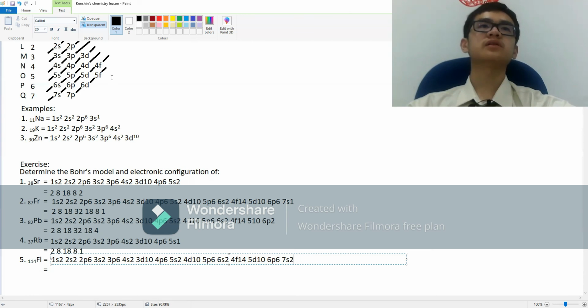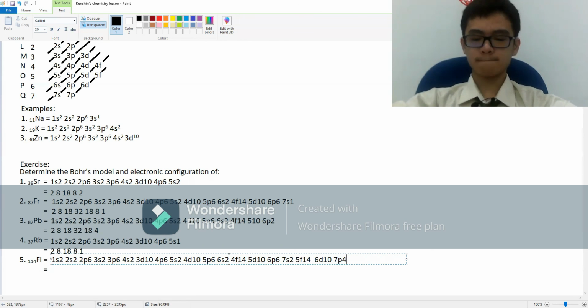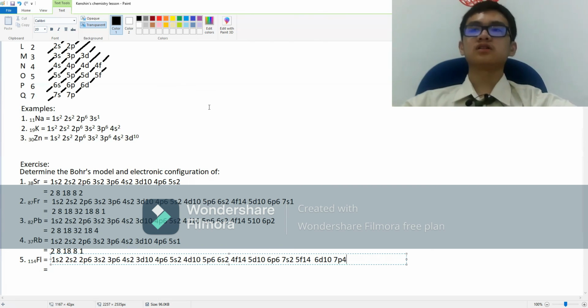So now from 7s2 to 5f14. 5f14, which means this is now 102, then 6d10, making this 112, and now 7p4, which is the final number because this is 114, should be.